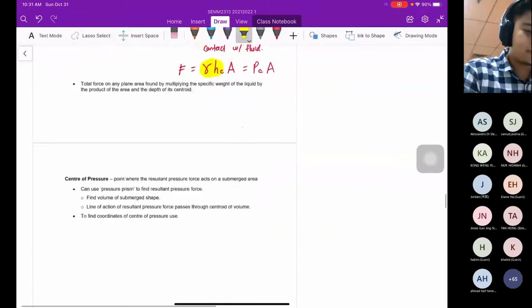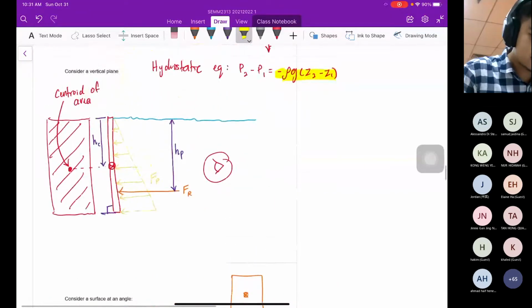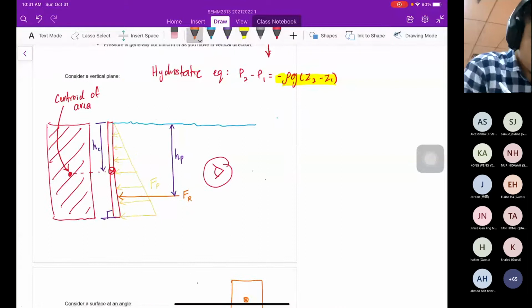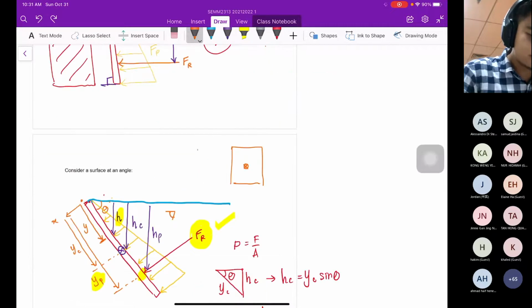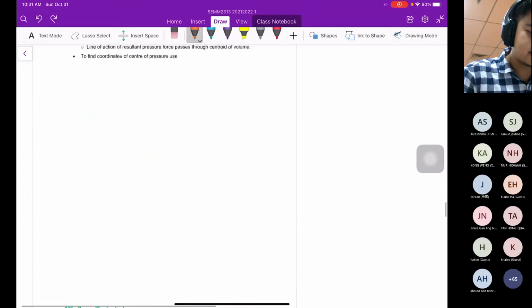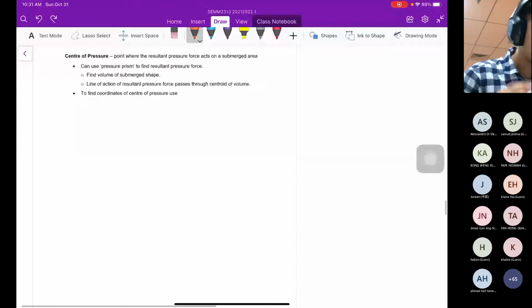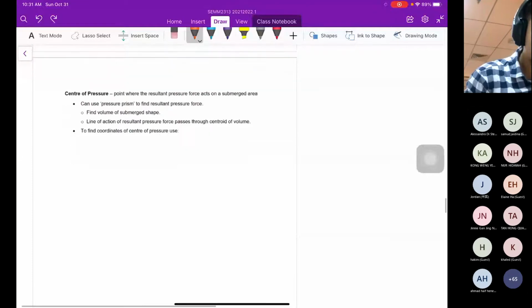So how to calculate the YP? Okay, this is YP. For example, from here to here, this is HP. So how to calculate the HP or YP? Any idea? Alright, in order to get the YP, we're gonna use the equation.